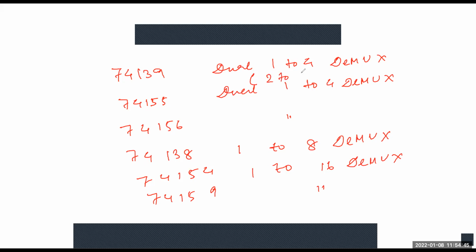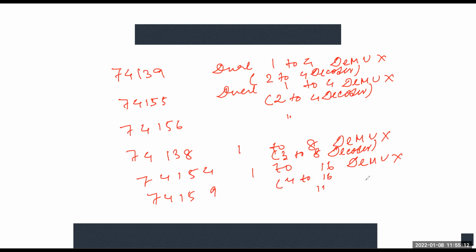This is also called a 2:4 decoder, this is a 3:8 decoder, and this is a 4 to 16 line decoder.